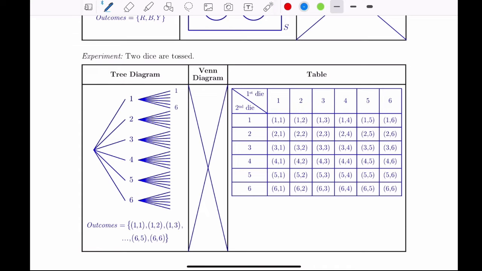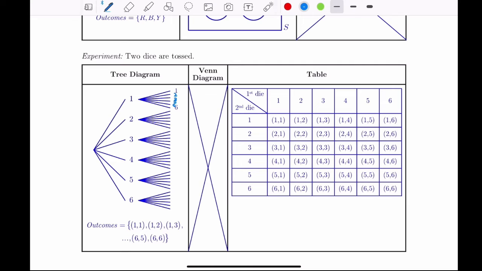For the second toss, we also have 6 possible outcomes, 1, 2, 3, 4, 5, 6. So the outcomes will be 1, 1, or first toss 1, second toss 2, or first toss 1, second toss 3, and so on. Okay, we cannot use a Venn diagram to illustrate this experiment, but we can use a table.